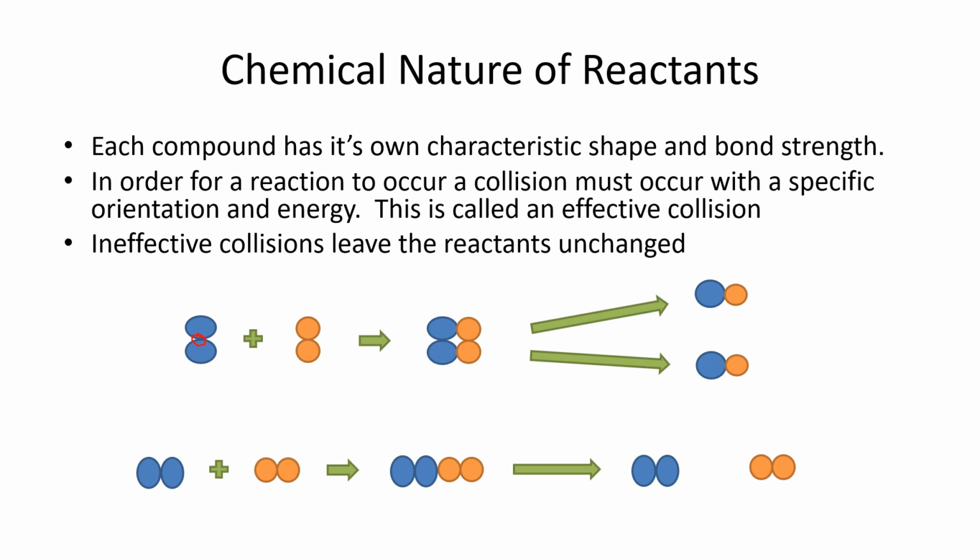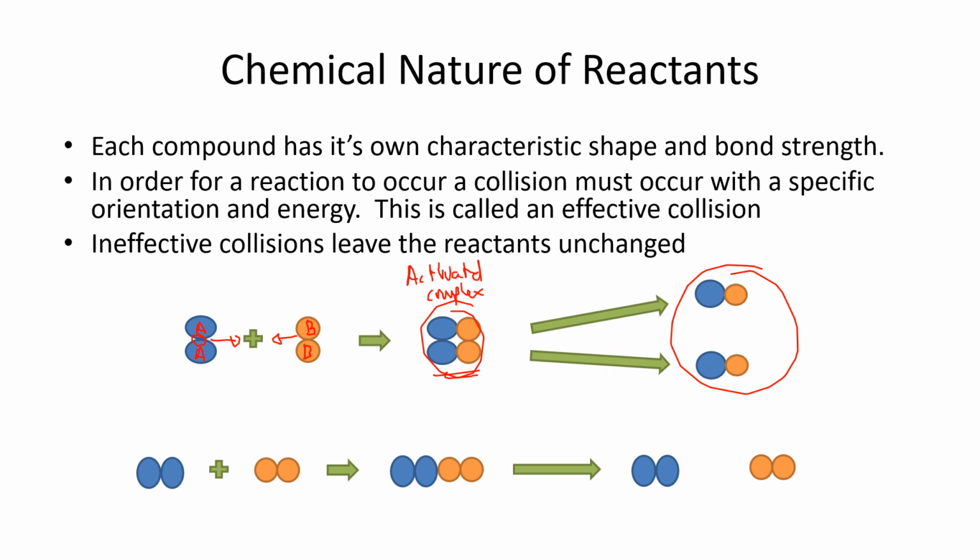So if we have this example where molecule A is reacting with molecule B, and they only really react if they hit each other on the side like this, if it's the sides that collide to make this activated complex, then there's only going to be a certain chance of the particles hitting each other that way, and therefore a certain rate at which the products are going to form.